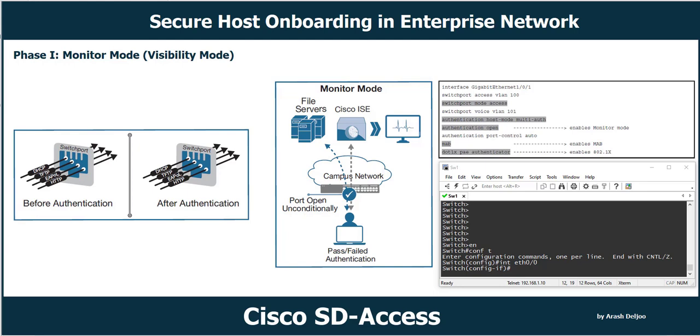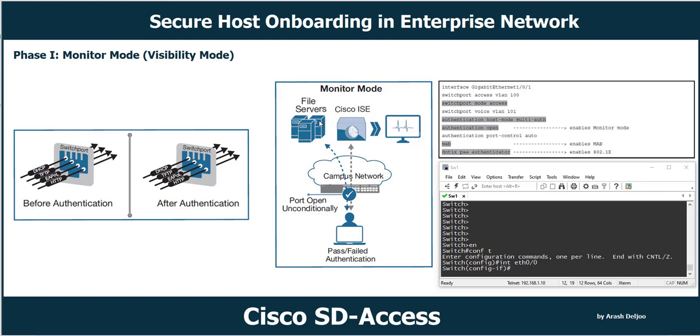This figure depicts traffic on the network port placed in open authentication as part of the monitor mode. Before authentication and after authentication, all traffic is permitted. Even when the user fails authentication, the user is able to access the file server and the rest of the resources available on the network. Here you can see we have a user who can pass or fail authentication, but the port is open unconditionally.